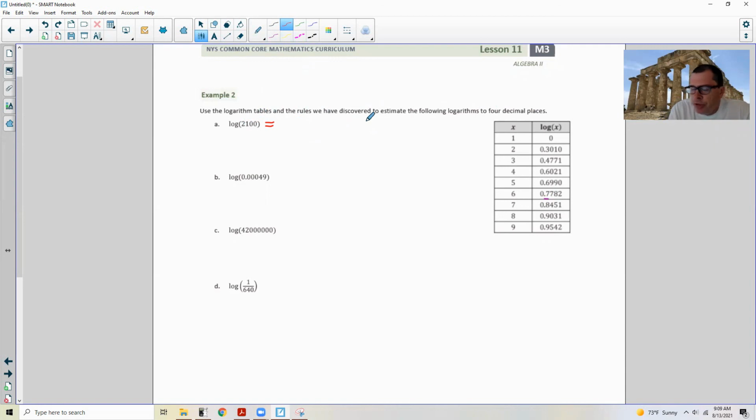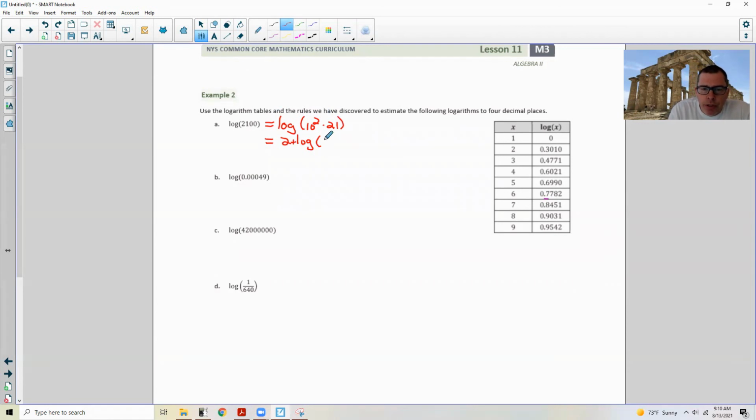And what is 100? Well, 100 is 10 squared. So I can write this as the log of 10 squared, which is 100 times 21. Okay, remember our rules. When we have 10 to the power of anything, that anything becomes the number out in front. So that is now going to equal 2 plus the log of 21.